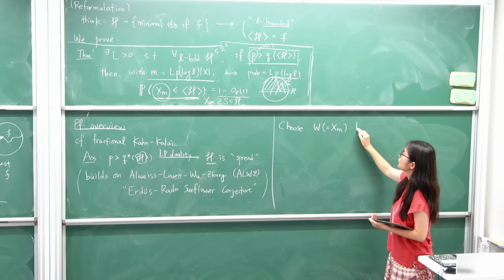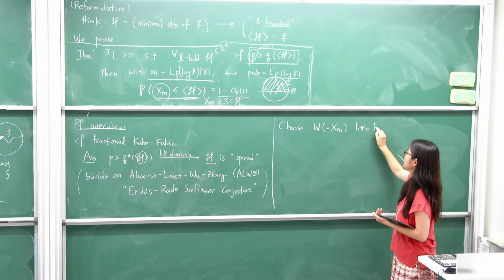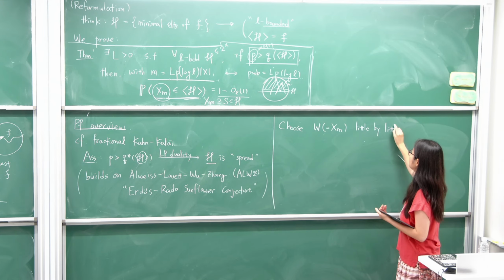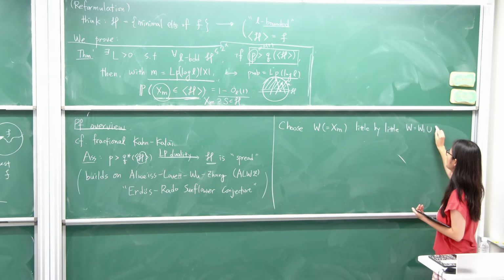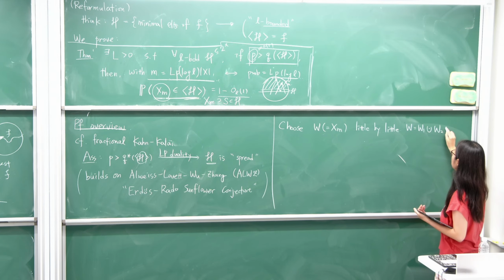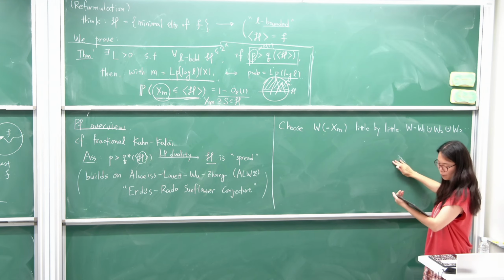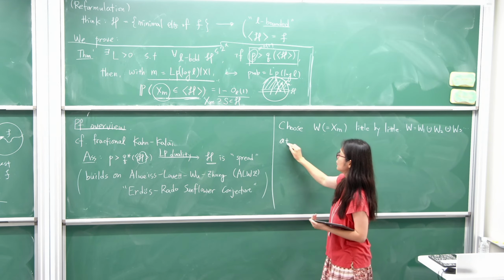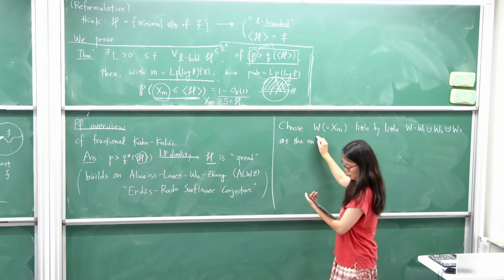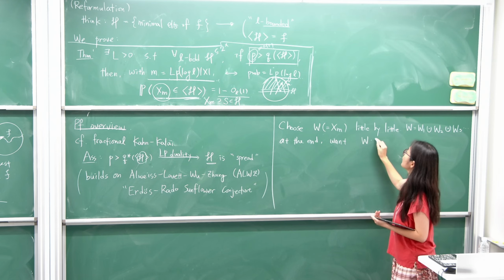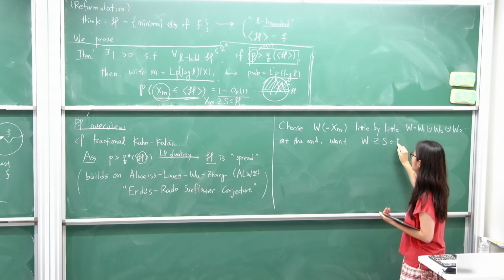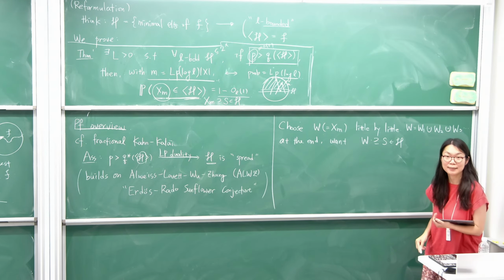And we choose W little by little. So W is equal to W1 disjoint union W2, W3, and so on. And at the end, what we want is that W contains some member in H.